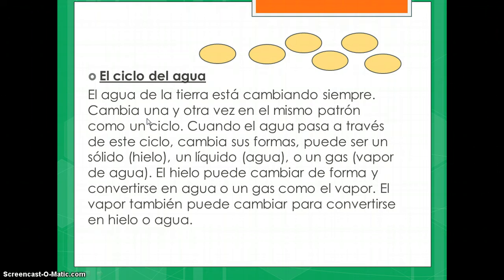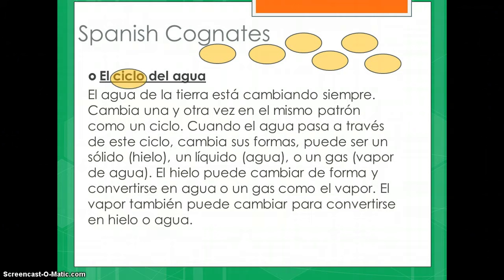So chances are that if your students already know about the topic of the water cycle, then we might be able to pick out cycle, ciclo, solid, sólido, liquid, gas, and vapor.